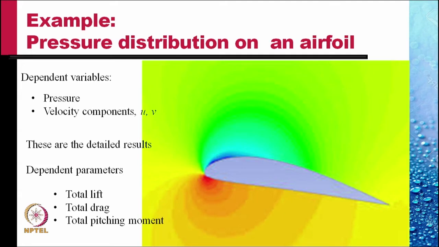For a given experiment, there is one value of total lift, one value of total drag, or a pitching moment, the moment that tends to pitch the nose of the aerofoil up. That also is a dependent parameter, a result of the experiment, a result of calculations.